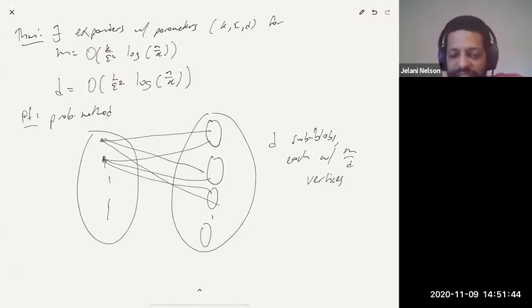You look at all possible subsets on the left of size k, there are n choose k of them. You say with high probability, this subset doesn't have too much overlap if things are random, and then you union bound over all of them. Okay, so that's in terms of existence. People don't know how to construct such a graph deterministically that has this property.